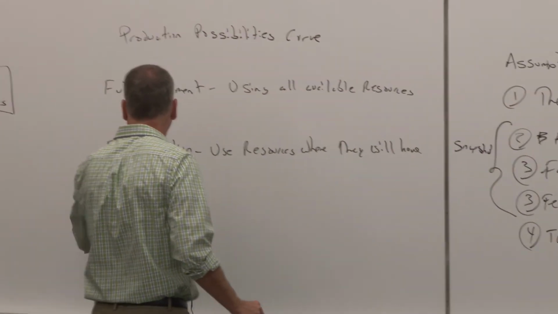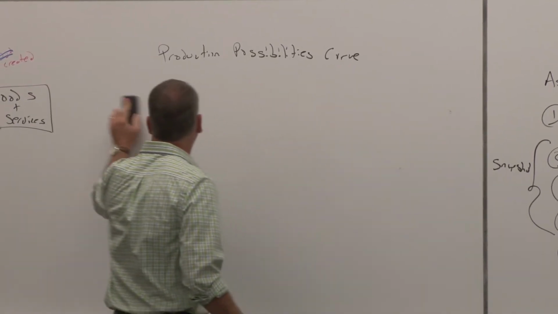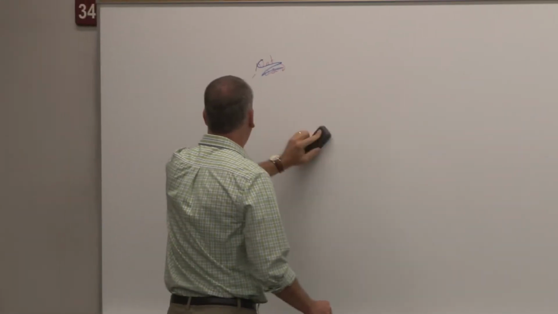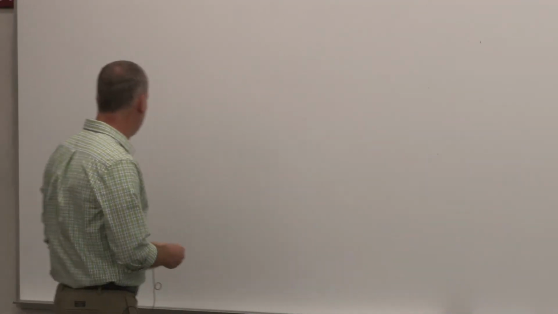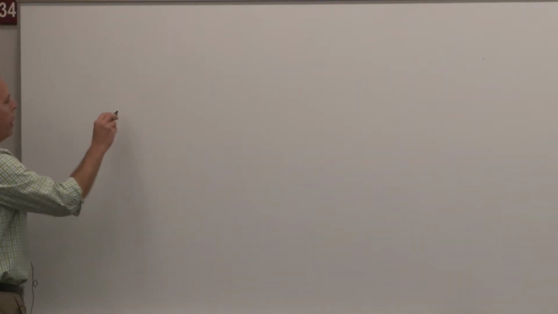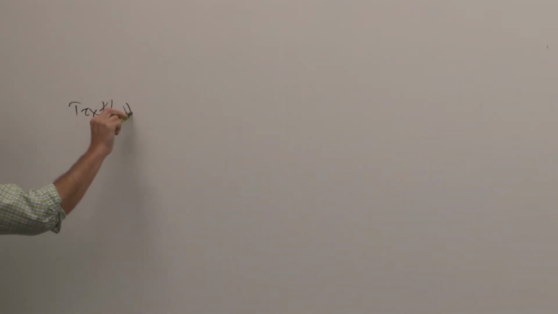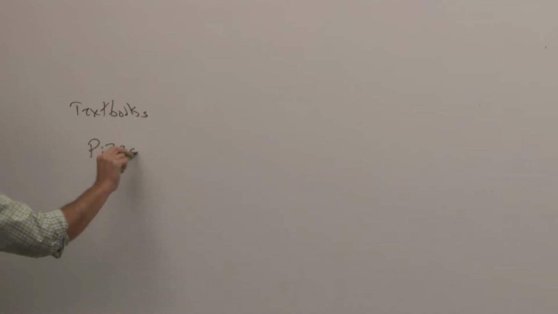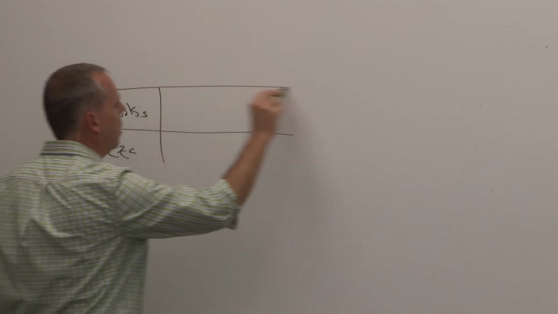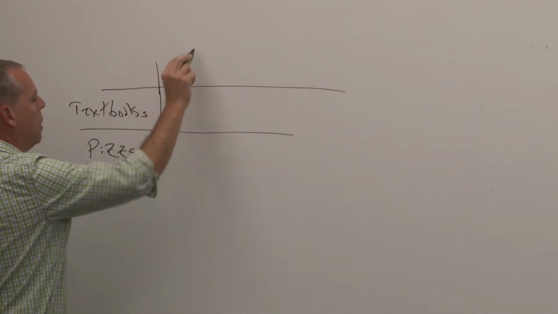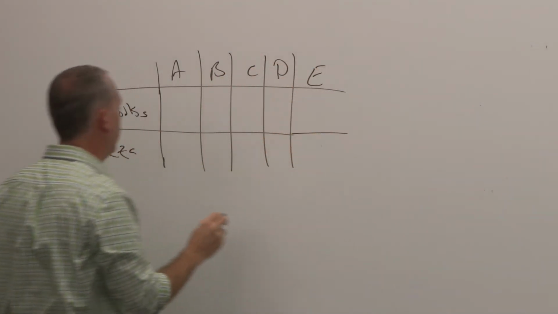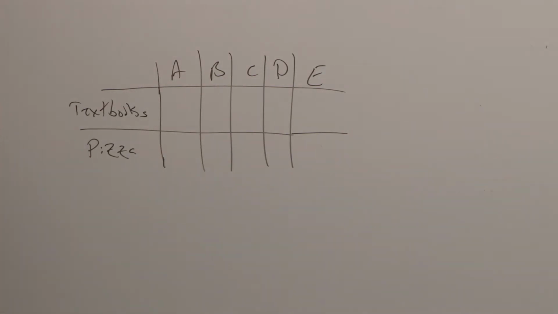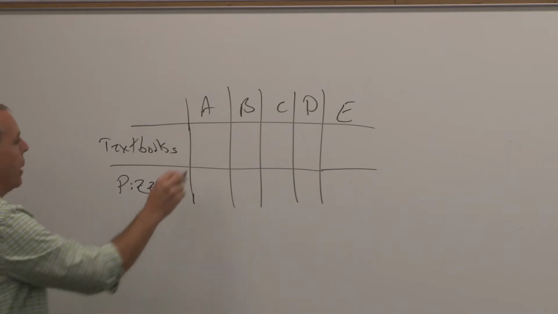So let's look at our choices. We're going to have textbooks up here. We have pizza here, right? And if we devote all of our resources to making textbooks, we can make 10 textbooks.